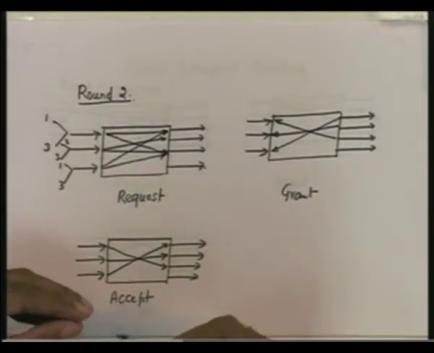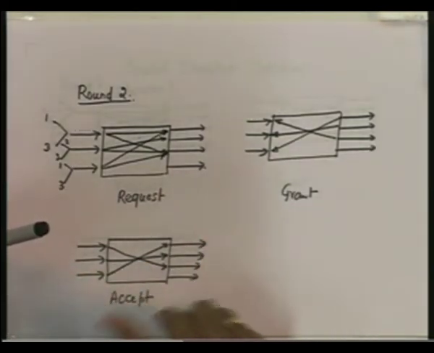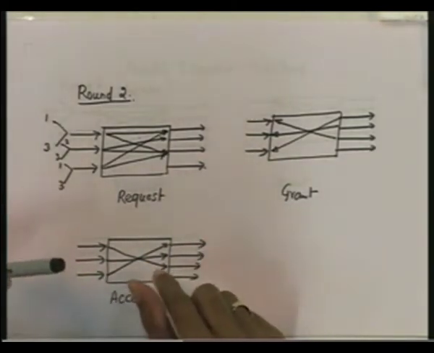And so this is again the maximal match that we have achieved, because in one iteration itself we have achieved a maximal match. Nothing further can be done to improve things. Now, if you see the situation after this grant, how many packets have been transmitted after round 2?